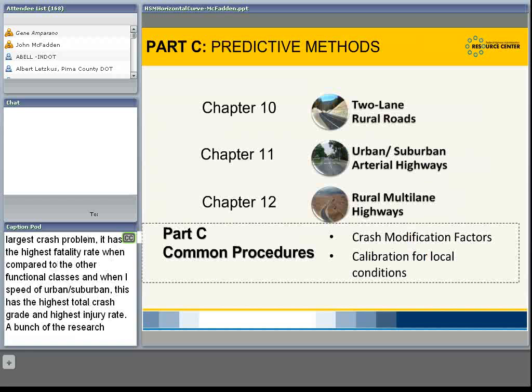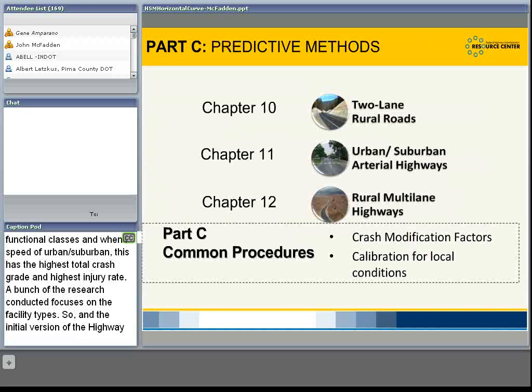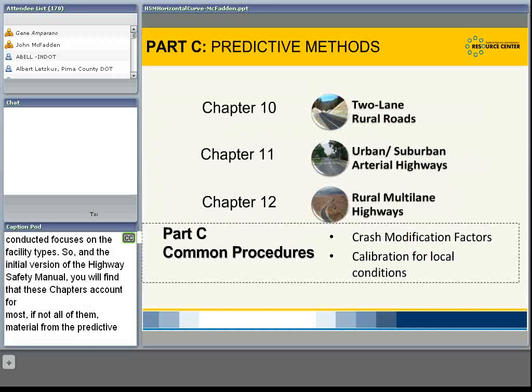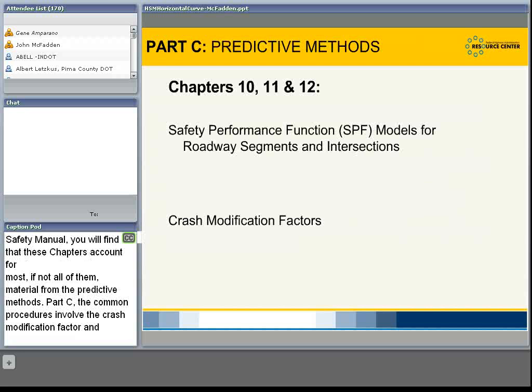So a bunch of the research that has been conducted focuses on these facility types. So the initial version of the Highway Safety Manual, you will find that these chapters account for most, if not all, of the material from the predictive methods.